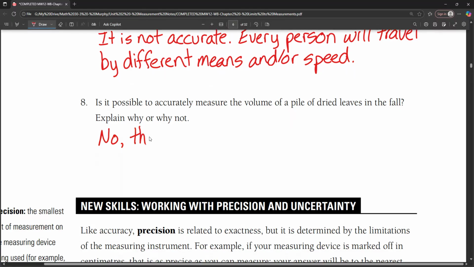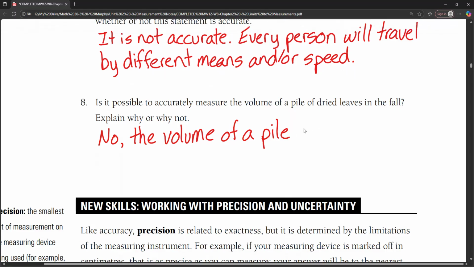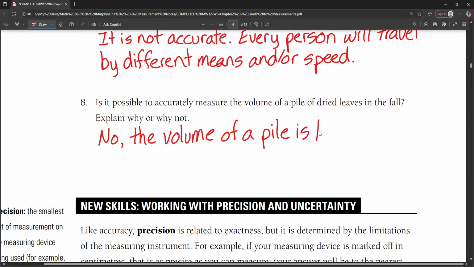And the volume of a pile is hard to measure.